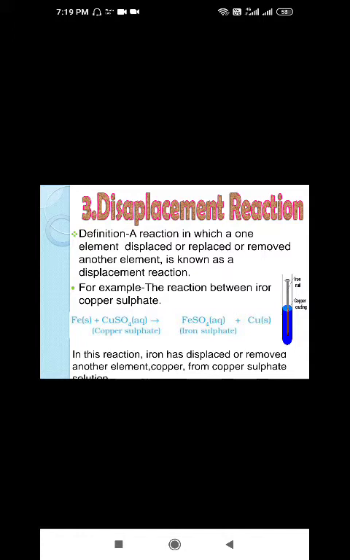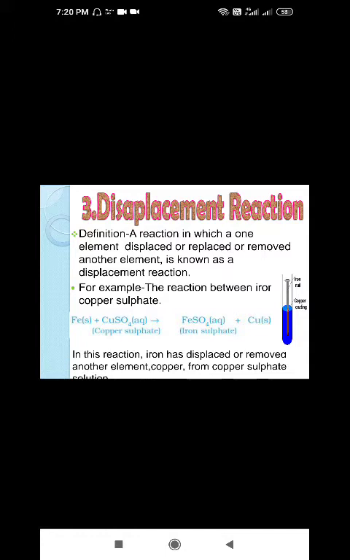When we dip an iron nail into the copper sulfate solution, the solution is initially blue, and after the reaction the color changes from blue to green. That green color is of iron sulfate, and the iron nail gets a coat of copper on it.